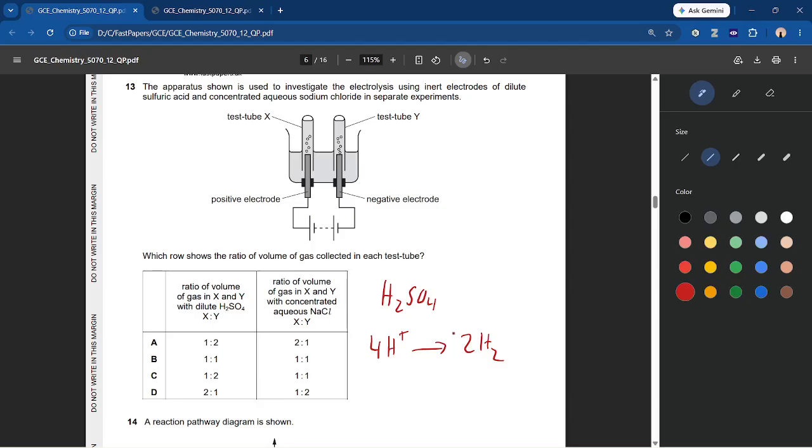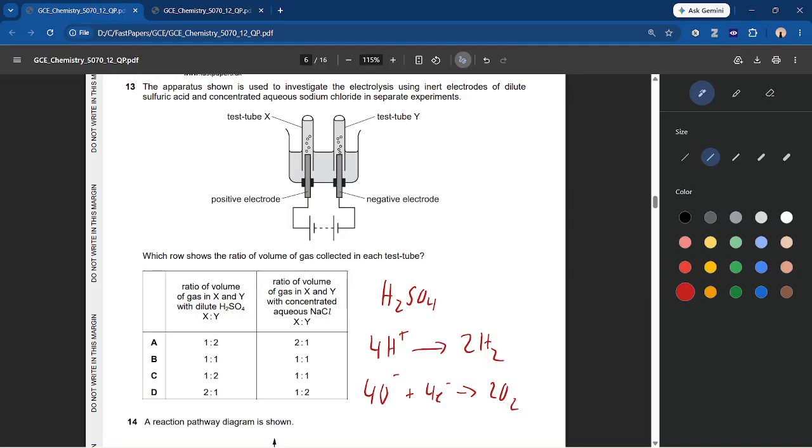And for oxygen, because you're releasing 4 electrons, for each oxygen you're going to need 2. So 4 electrons are needed for oxygen, so it's going to be twice that of hydrogen.